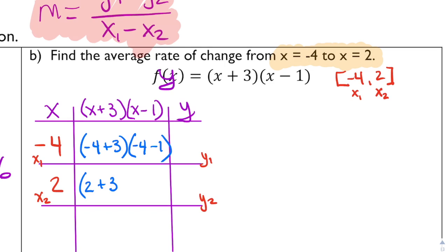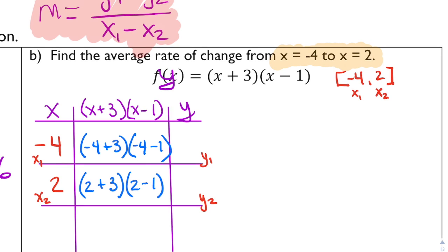So 2 + 3, and then 2 - 1. You're going to put that into your calculator just like you wrote it. So in parentheses, -4 + 3, close your parentheses, next parentheses, -4. Remember, it's the negative button outside of the 4, and then it's subtract 1, and then close your parentheses and get your answer.